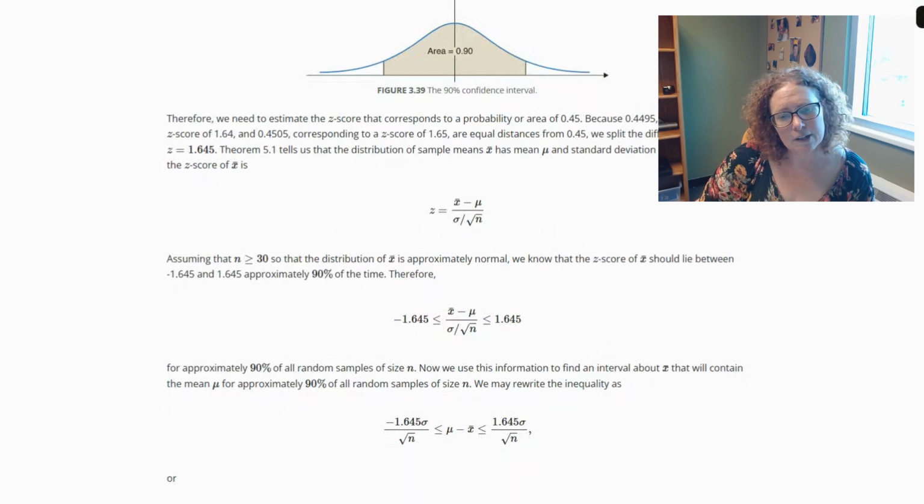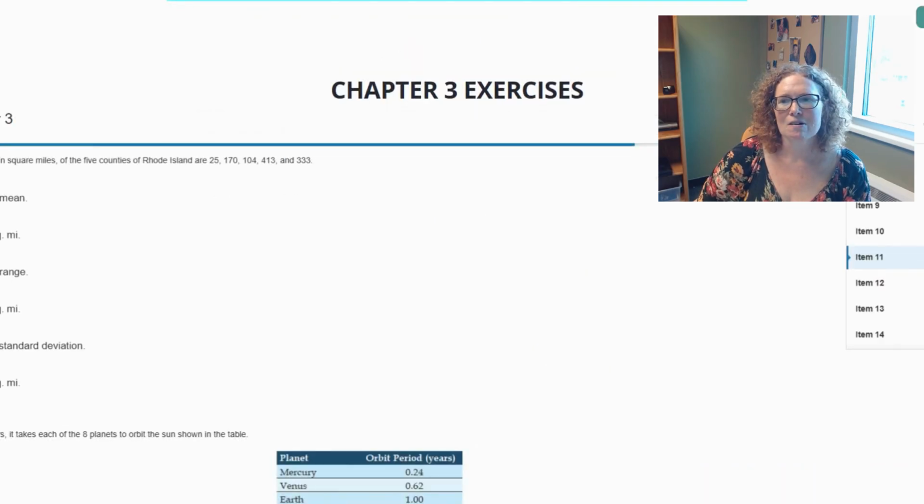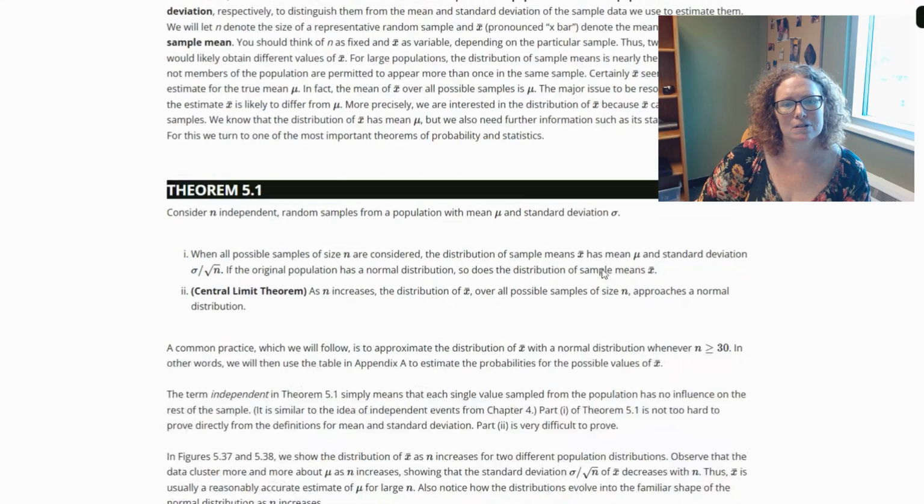So we're going to calculate this answer based on knowing that the z-score is between negative 1.645 and positive 1.645, because you can see that on the picture that we drew right there, right?